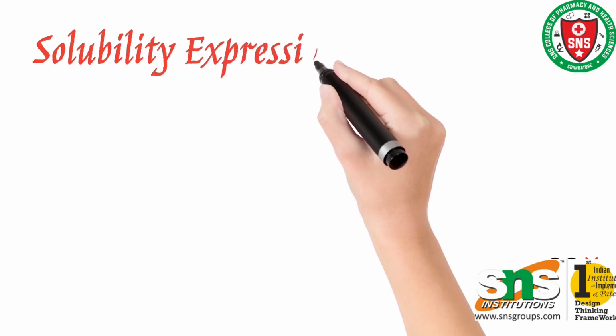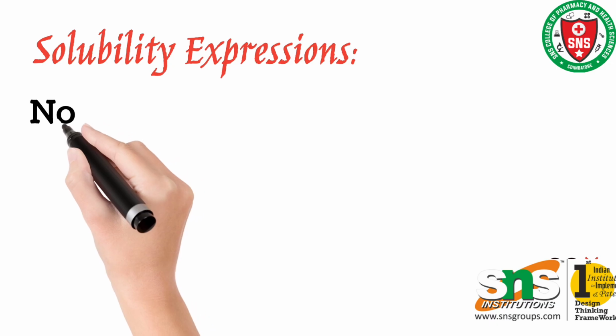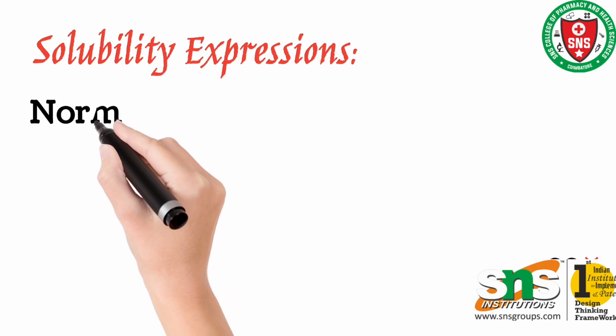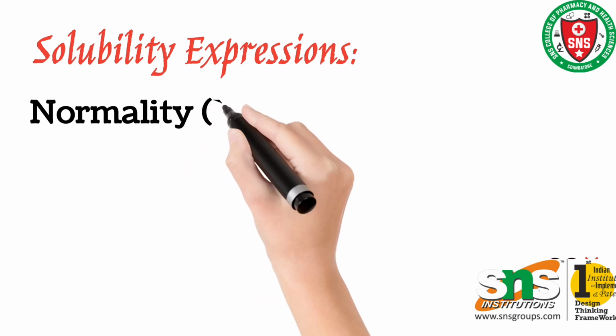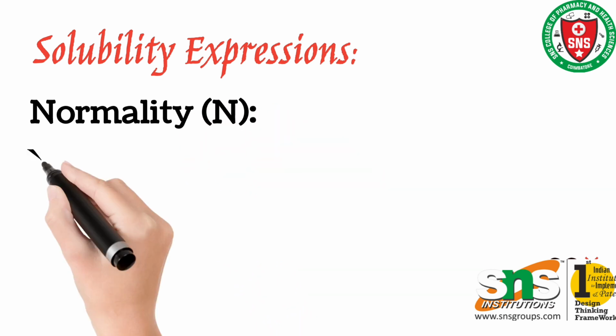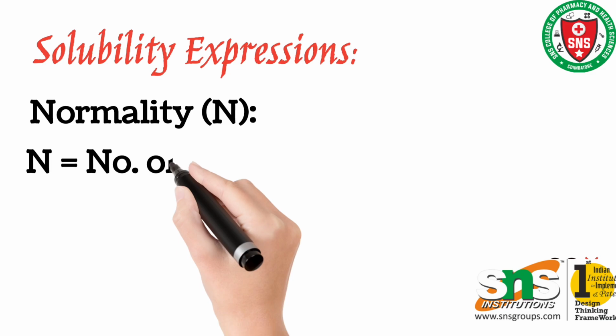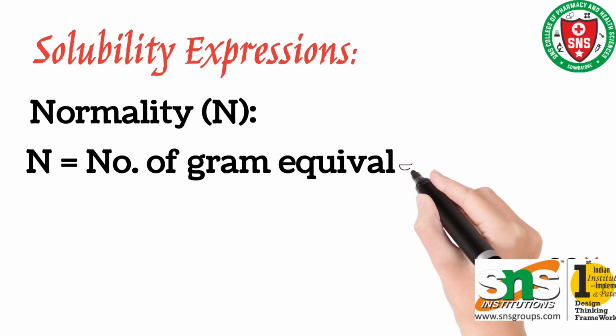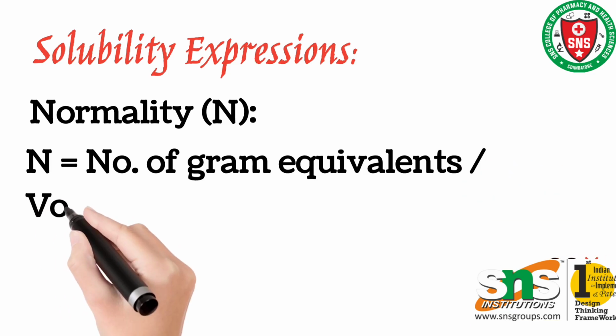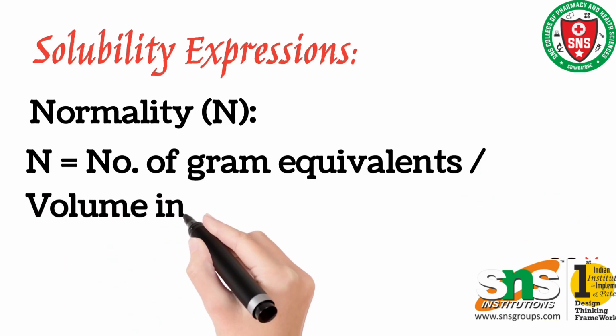Now let's go to the solubility expressions. First, normality, represented as capital N. Normality is defined as the number of equivalents of solute dissolved in 1 liter of solution. In equation, it is number of gram equivalents divided by volume of solution in liters.